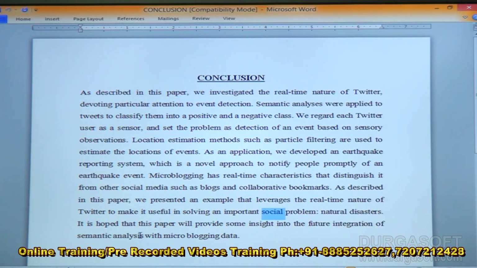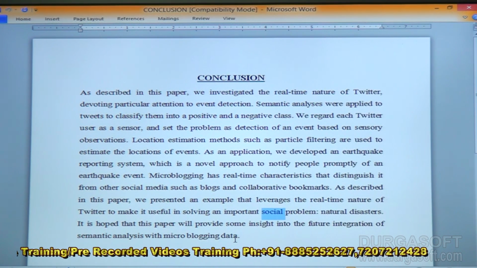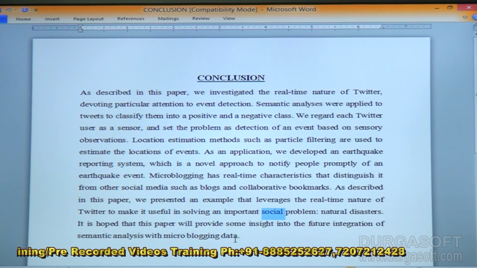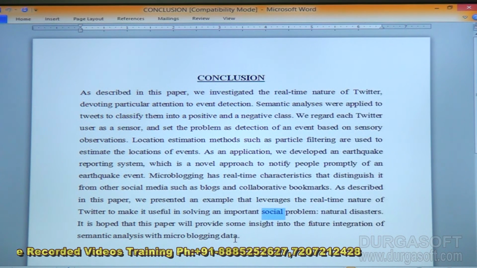It is also hoped that this paper will provide some insight into the future integration of semantic analysis with microblogging data. We are taking the technology and implementing it for social website data. In the future, if you want to perform semantic analysis of user data or any different actions, people may also use this microblogging data.